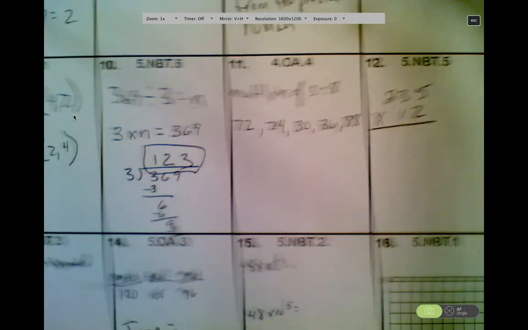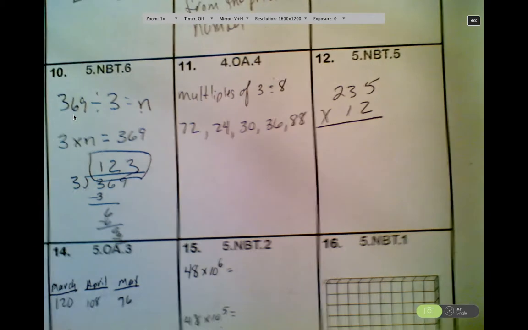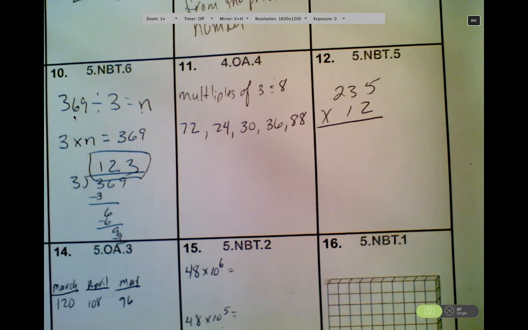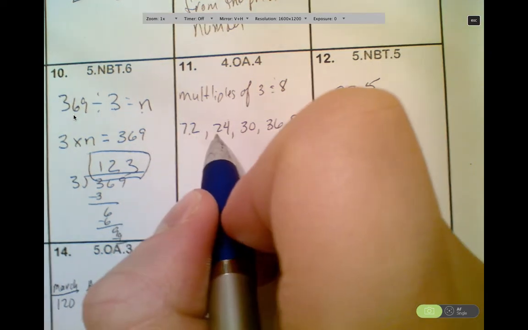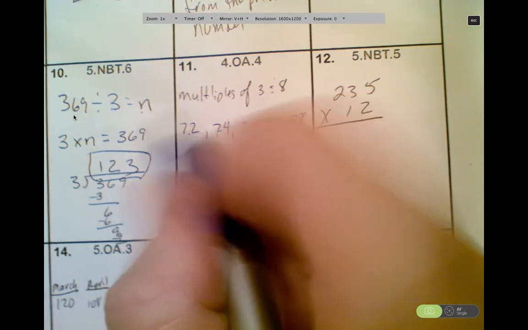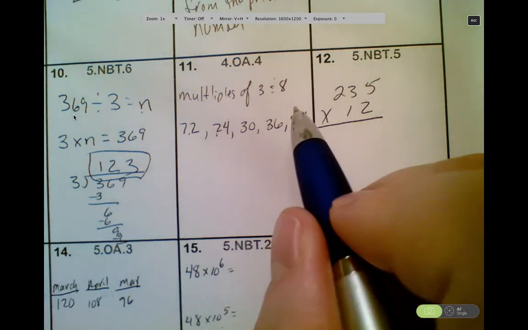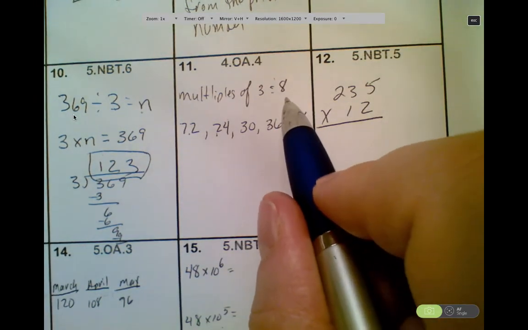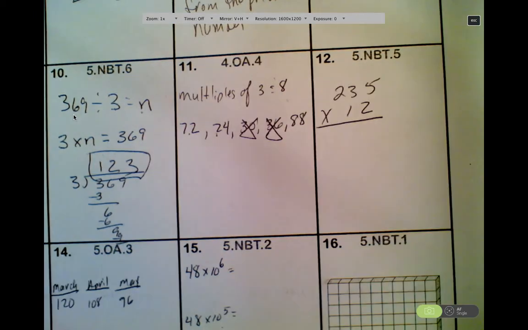Number 11. Multiples, which of these are multiples of 3 and 8? A trick to find out whether or not a number is divisible by 3 is to add the digits. And if that's divisible by 3, the whole thing is divisible by 3. But before I do that, I'm going to knock out the ones that are not divisible by 8. 36 is not divisible by 8. 30 is not divisible by 8.